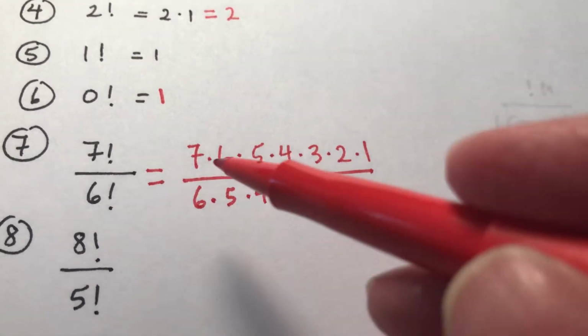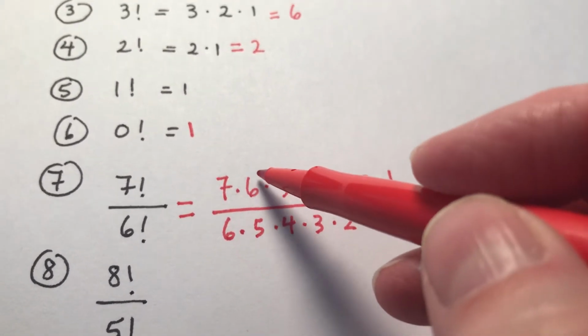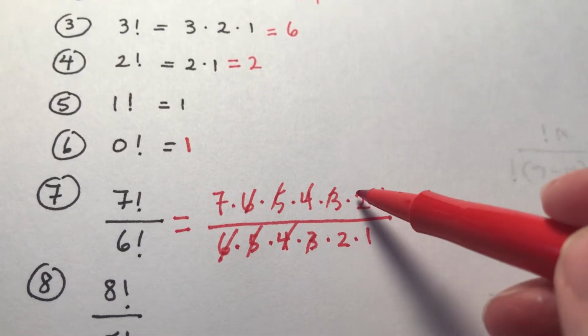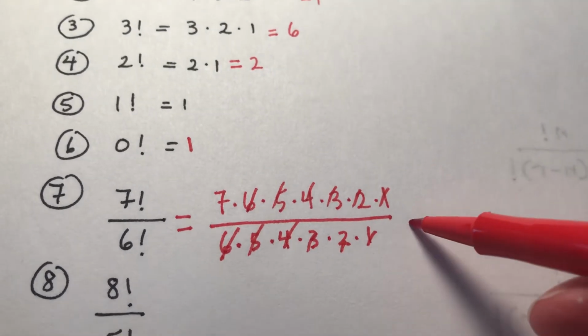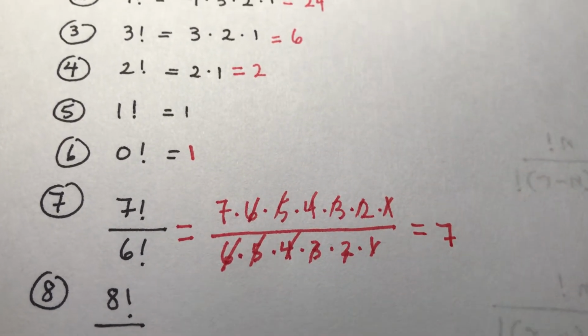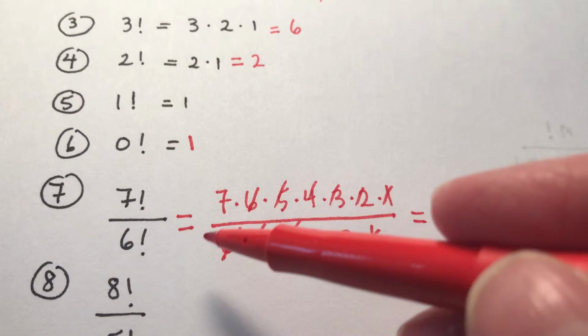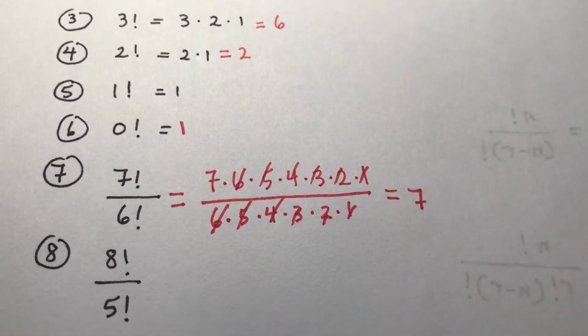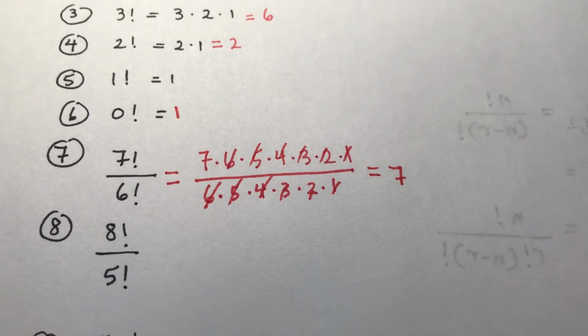And because these are multiplied, this 6 over 6, 5 over 5, 4 over 4, 3 over 3, 2 over 2, 1 over 1, they all cancel, and you're just left with 7. So as complicated as that looks, you have a lot of simplifying that will give you an answer of 7.